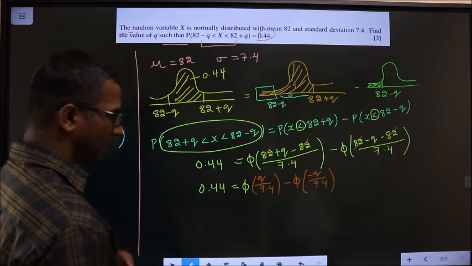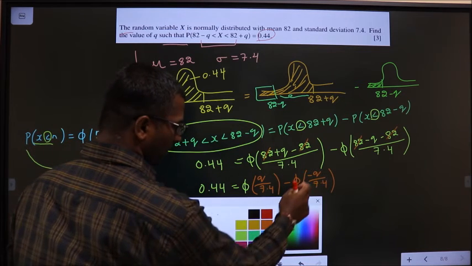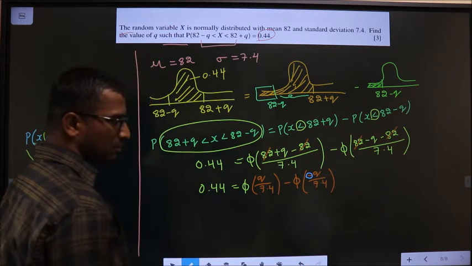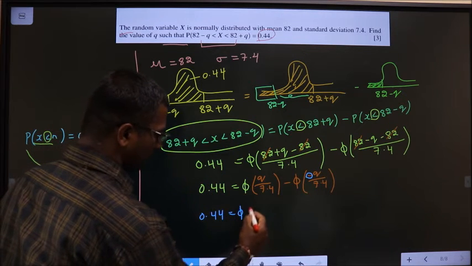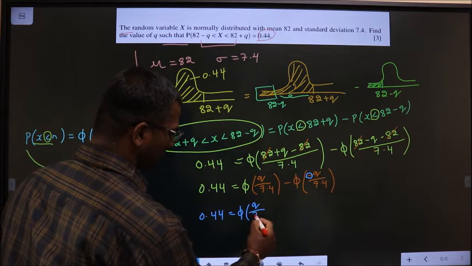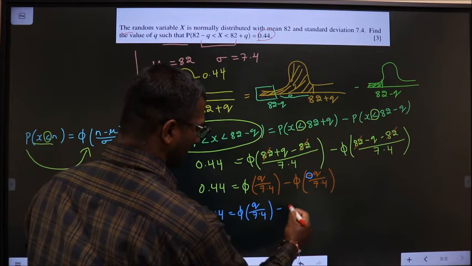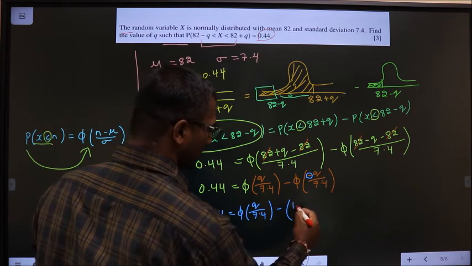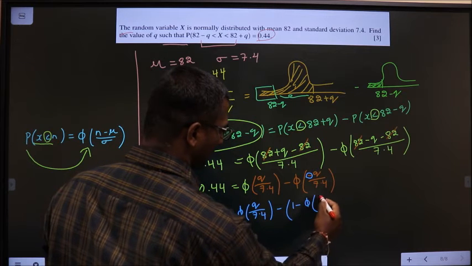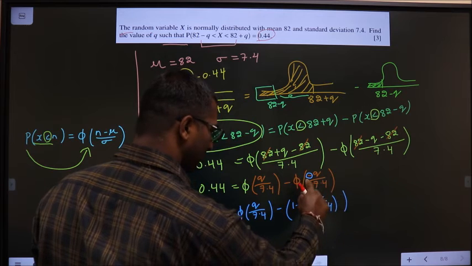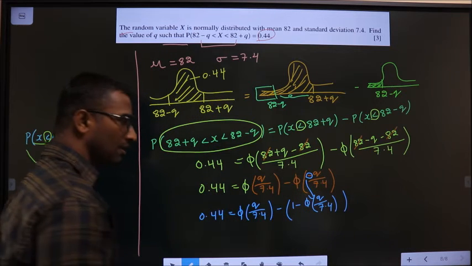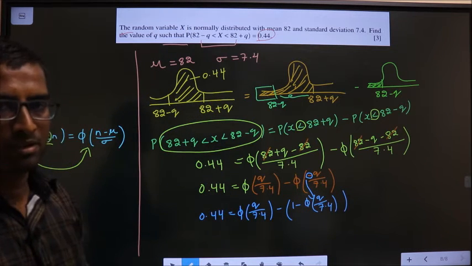Now we have to make this negative into positive. And how do we do that? See here, phi of q by 7.4 minus, to make this positive I have to subtract from 1. Whenever you are subtracting from 1, this will change to positive. This is the rule.